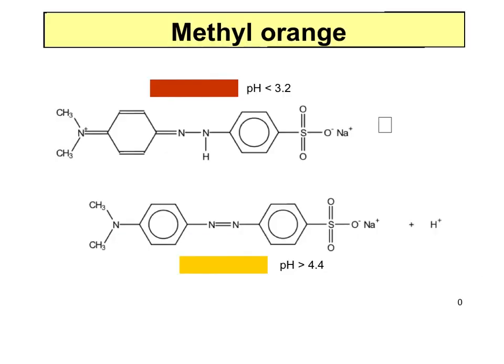Indicators are simply weak acids, and when they gain or lose protons, they change colour, and this is because the delocalized electron system here absorbs light in the visible part of the spectrum.